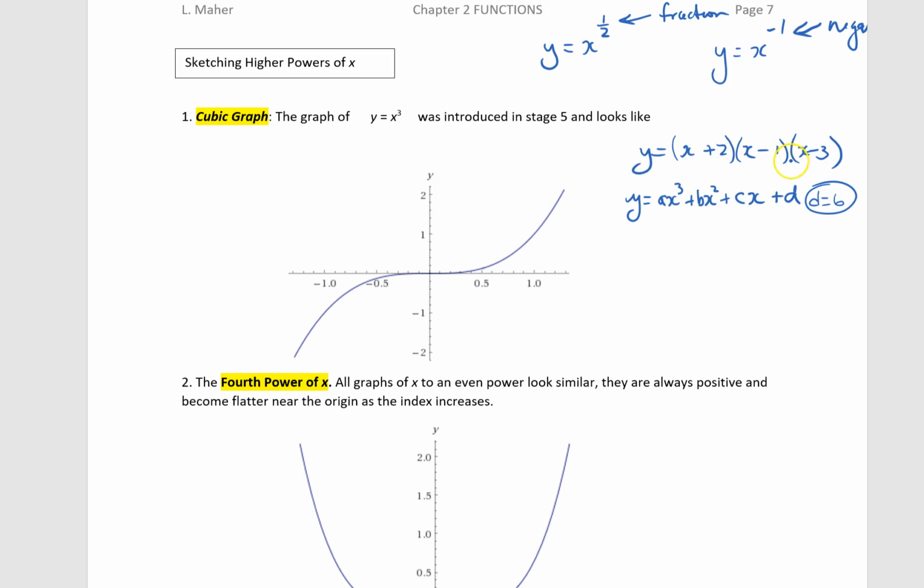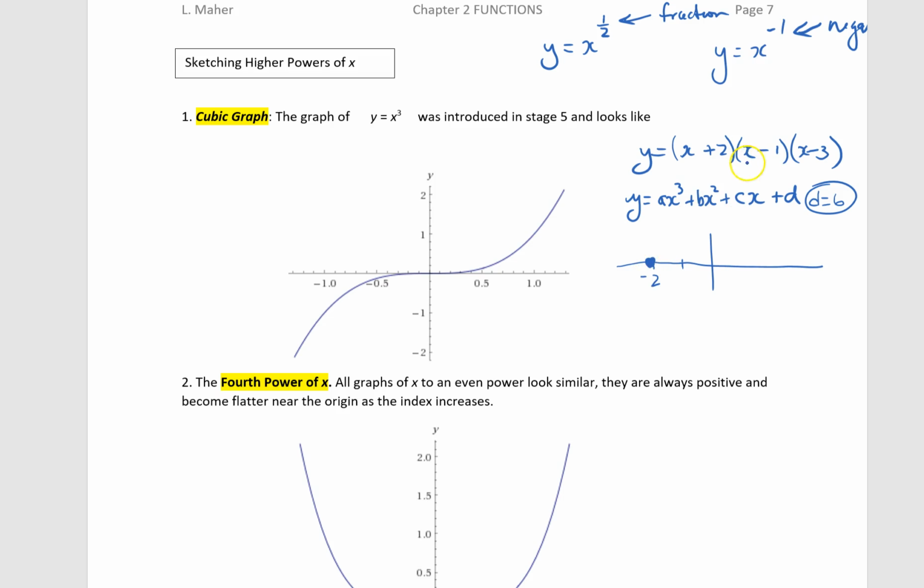When we get onto those, you can see that that cubic is going to cut the x-axis, which means y will be naught. So for the solution to y being naught, there are 3 solutions. If x was equal to negative 2, y could be naught.